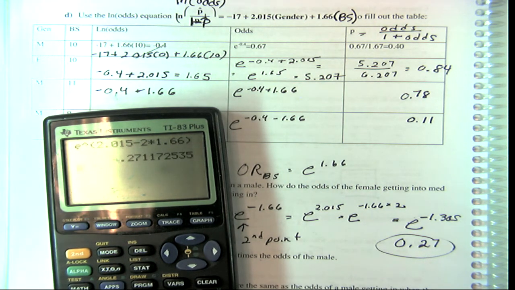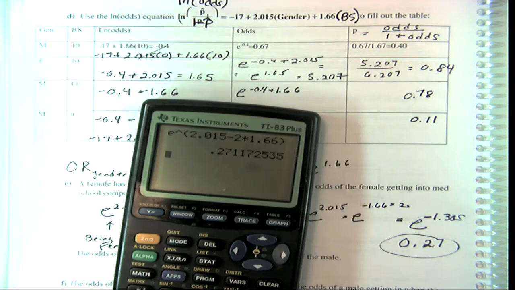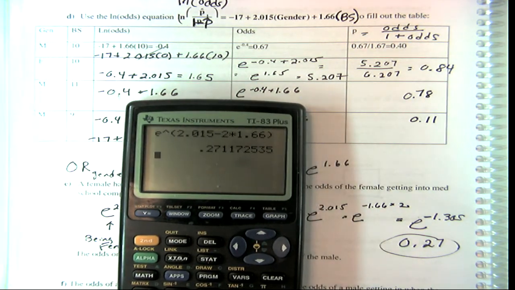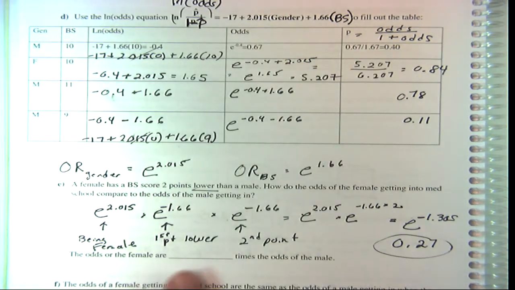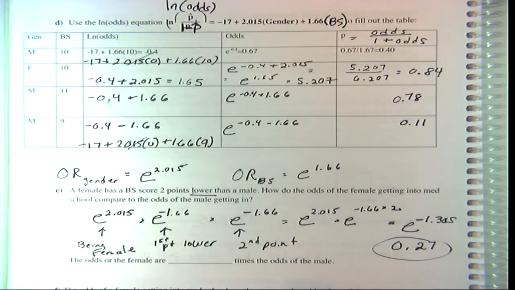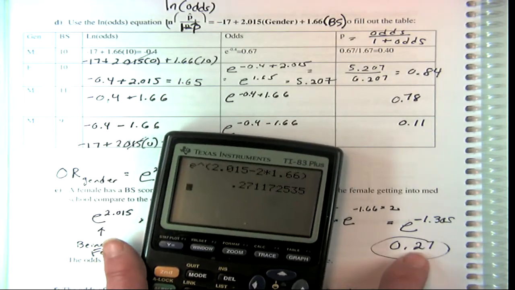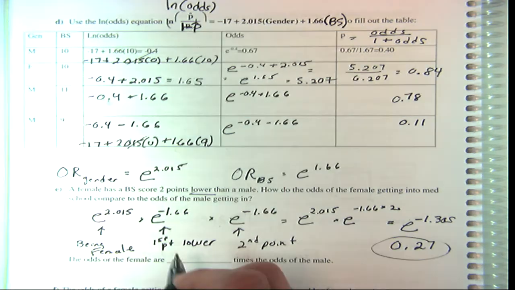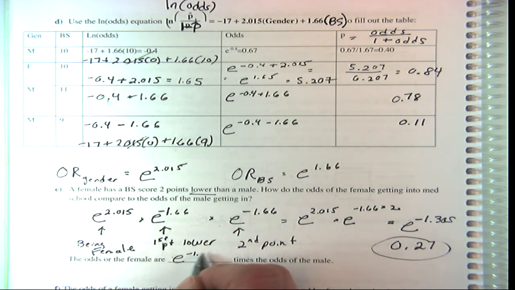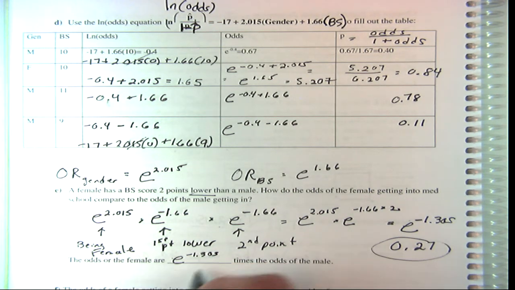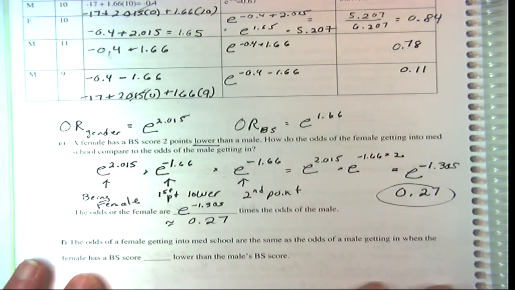So that's what we get. All right. So the odds of the female are approximately e to the negative 1.305, which is approximately equal to.